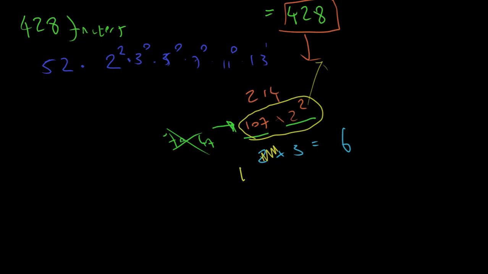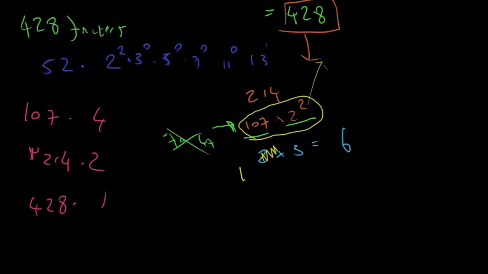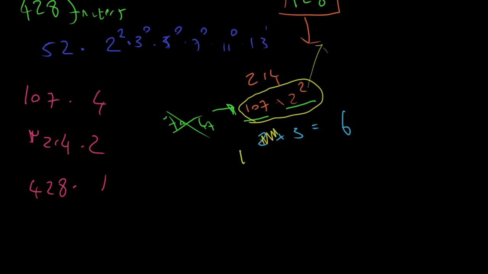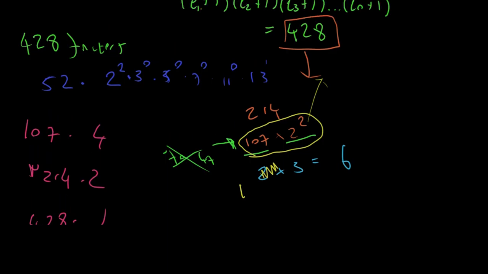So what are the possibilities here? 107 times 4, or 214 times 2, or 428 times 1. I think we all agree here that the only way I can make the number is in this fashion.